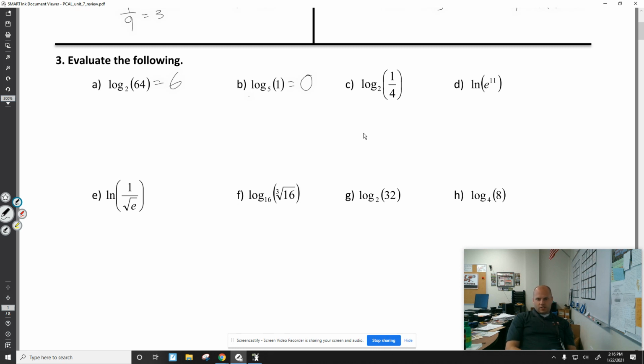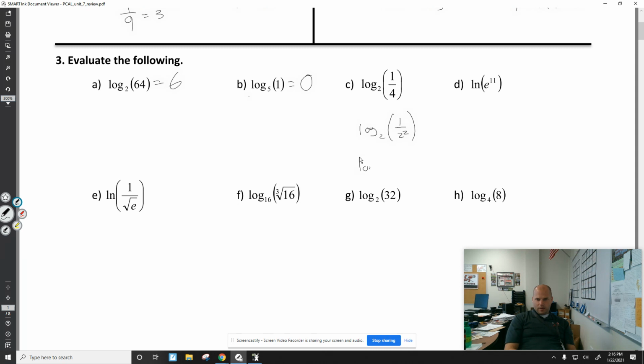Different ways to do this. You can either think 2 to what power is 1/4, or we could try to rewrite what's inside here so that it's 2 to a power. That way the log base 2 of 2 to the power cancels out. I'm going to do that. So I know I can write 1/4 as 1 over 2 squared.